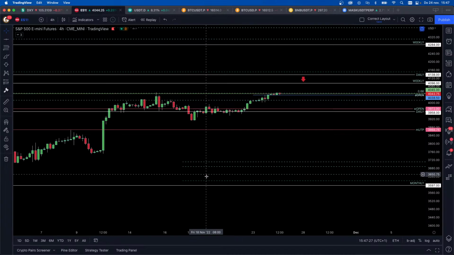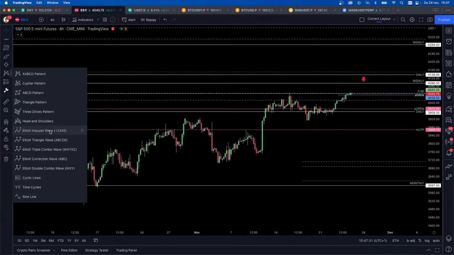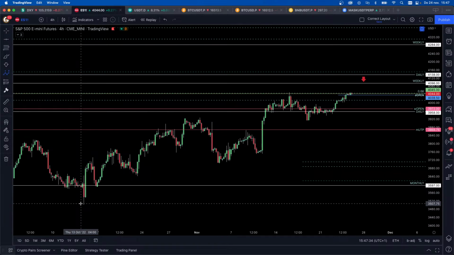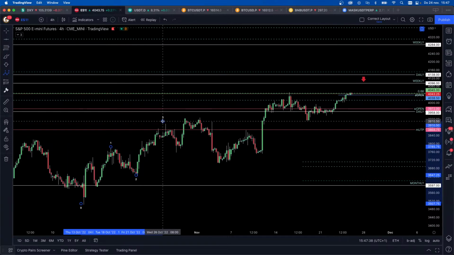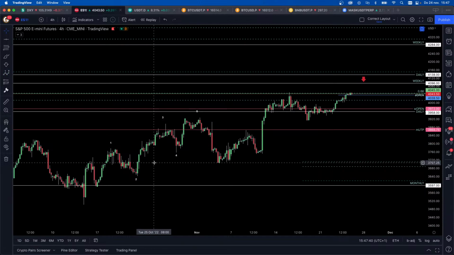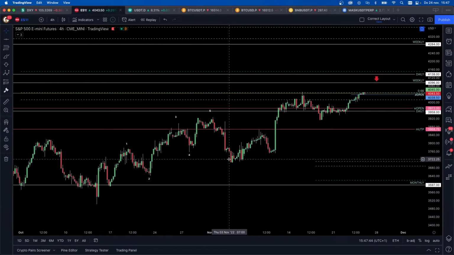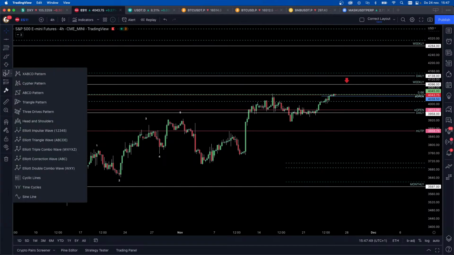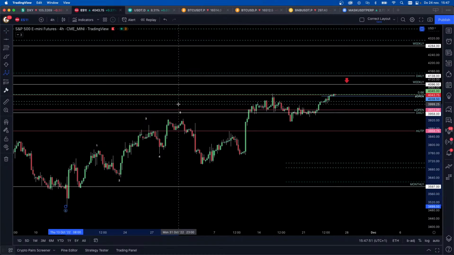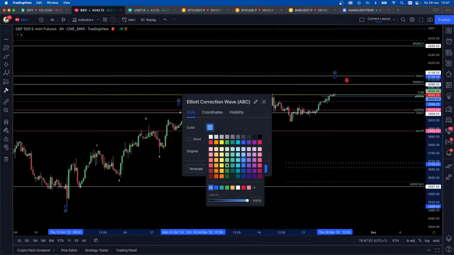And then of course you can also add Elliott wave to your chart. My count was basically this being 1, 2, and then 3, 4, 5. And then we have an A, B, and then right now we are currently making that C wave to the upside, which is still developing.